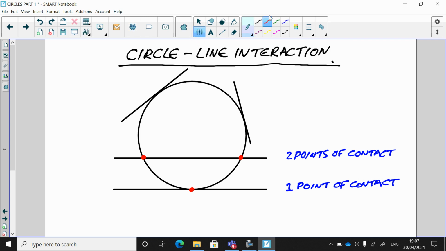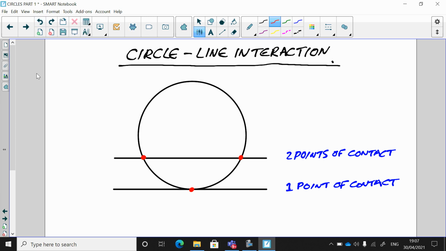It does not matter, as long as the scenario is the same. The orientation of the line is irrelevant. That line is tangential, or those last 3 lines are tangential. So that means there's 1 point of contact, without a doubt.